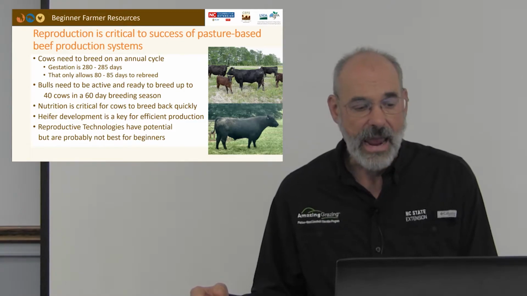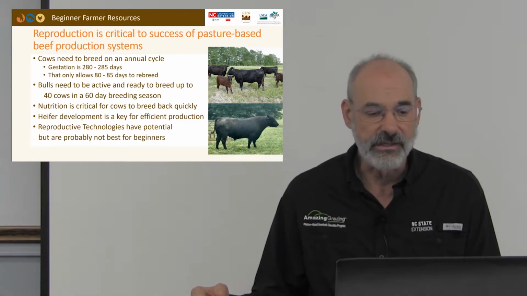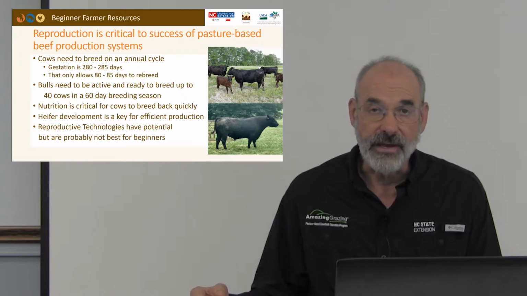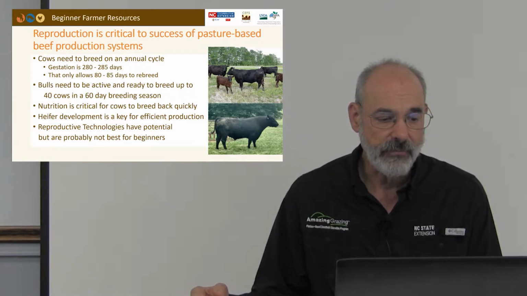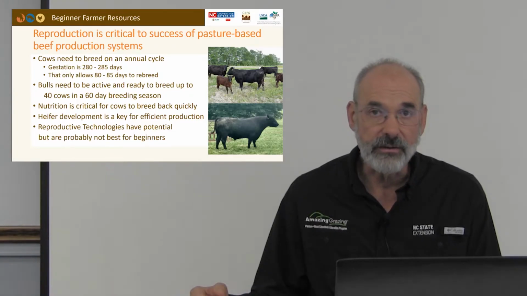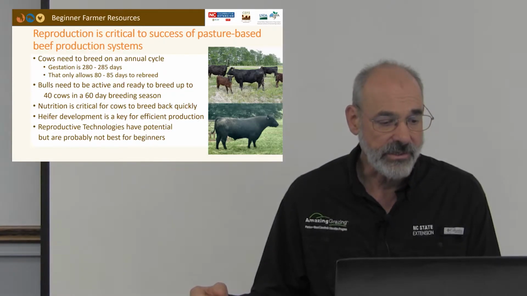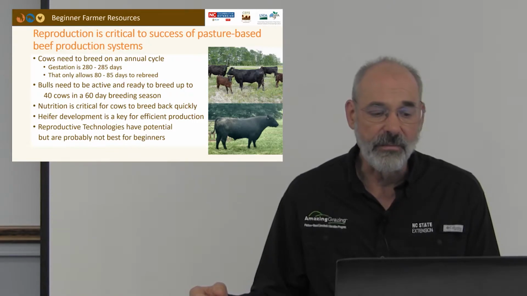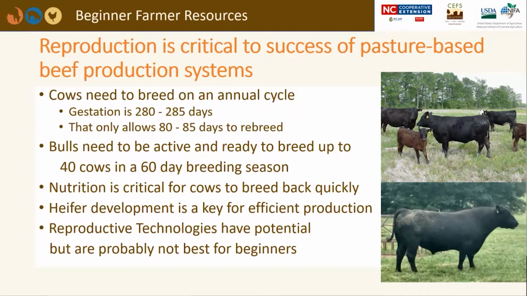Bulls need to be very active and ready for the breeding season so that they can handle up to 40 cows over a short period of time. Nutrition is critical for cows to breed back quickly and to keep on this cycle, as was presented in the nutrition presentation. And heifer development is another key for efficient production.